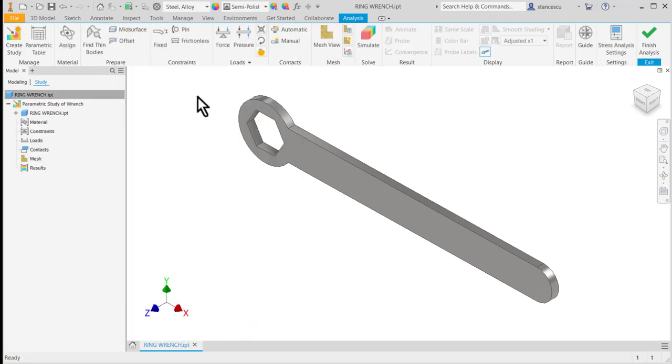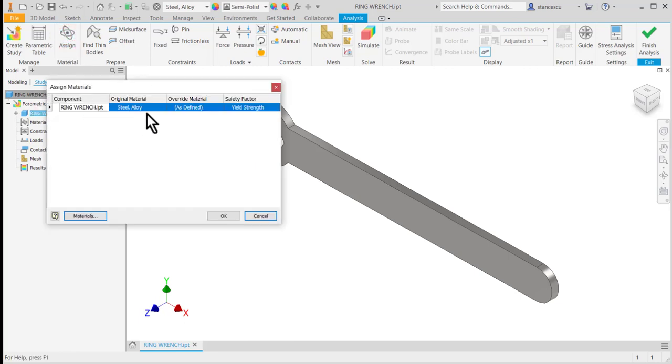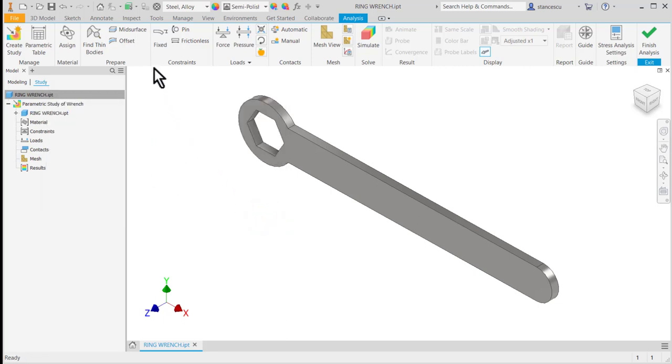Okay, then I ensure that the material is the one I want, steel alloy. Instead of a pin on this edge of this cylinder, by adding the tangency constraint, I choose now to select the same cylindrical face, but using fixed and not pin as a constraint.